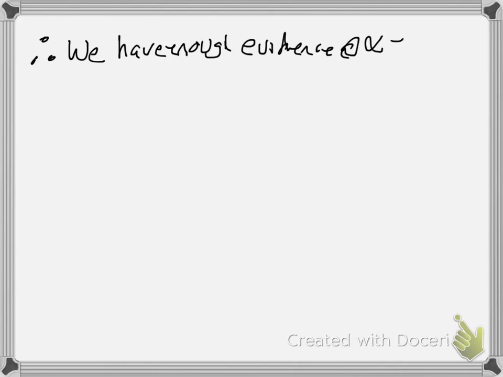So therefore, we have enough evidence at alpha equals 0.05. Now remember, was our claim H0 or H1? Our claim was H1, so what word do we always put if our claim is H1? We reject the H0 and support the H1, so we are supporting.